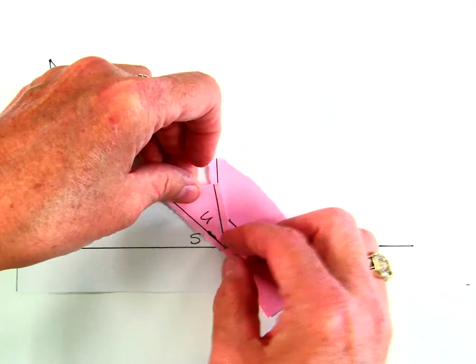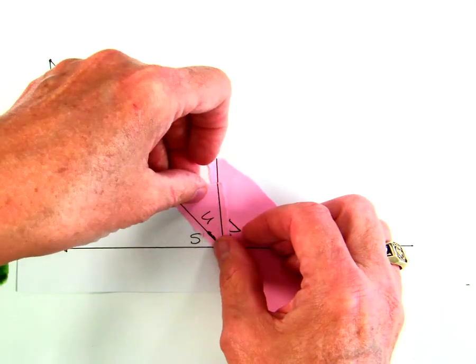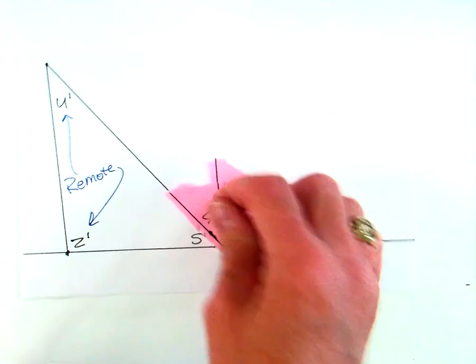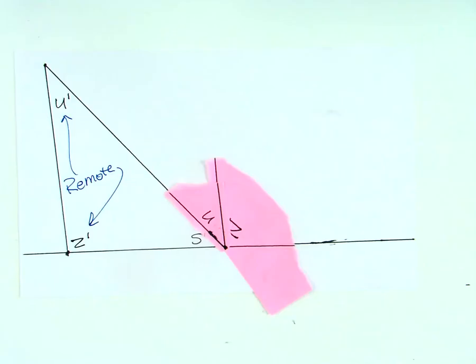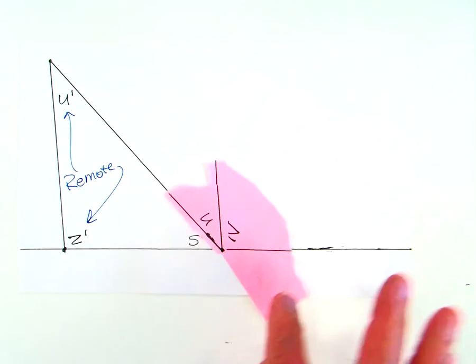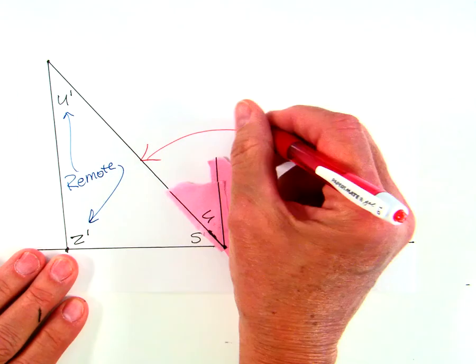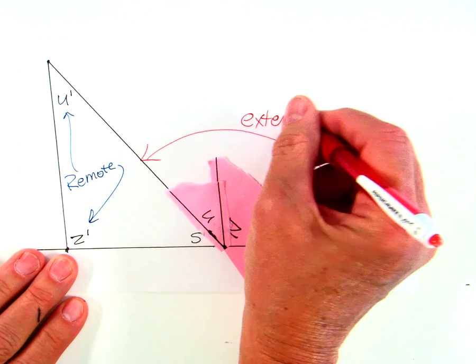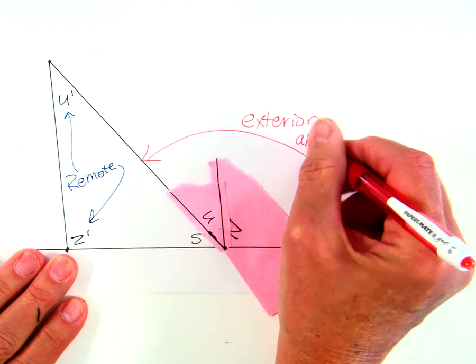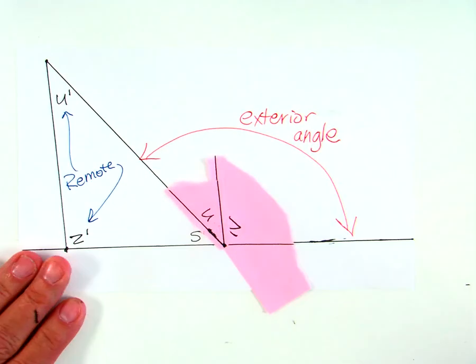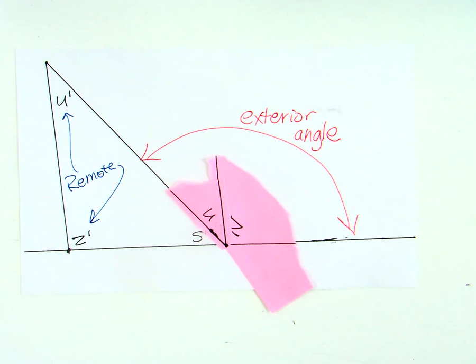Let's look at what we've just done here. I've taken the two remote angles and copied them. Wait, this is the exterior angle, right? This whole big thing is the exterior angle. So go ahead and label that. So we have the exterior angle and the two remote angles, which are copied here. Hopefully you can see that the exterior angle is the sum of the two remote angles.